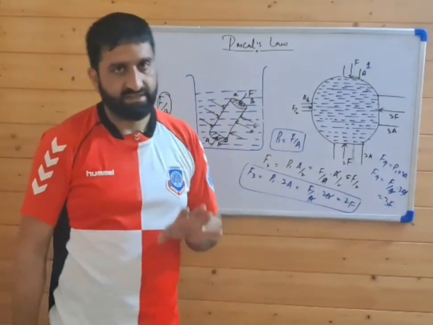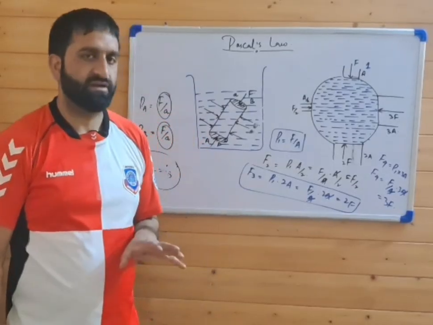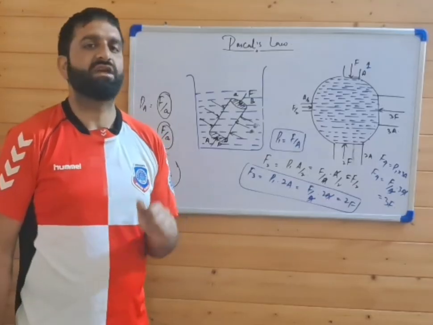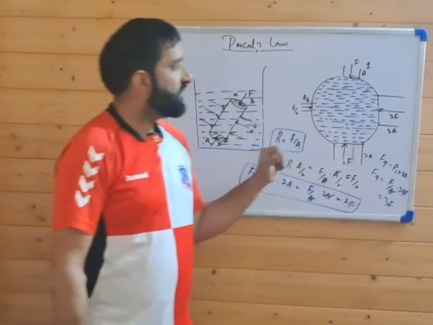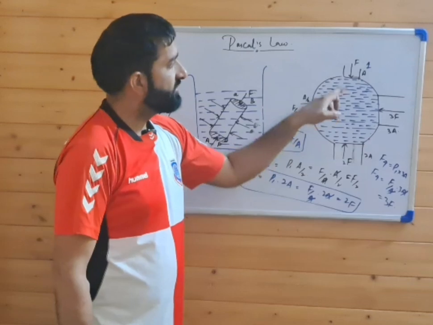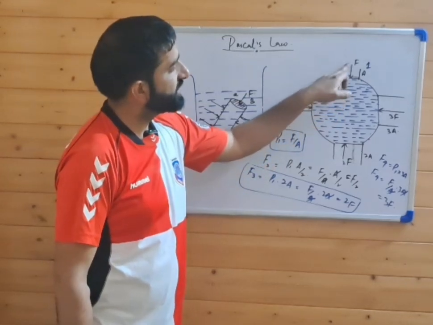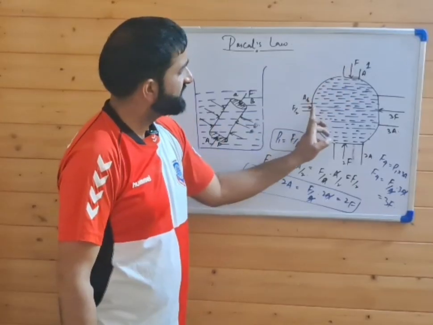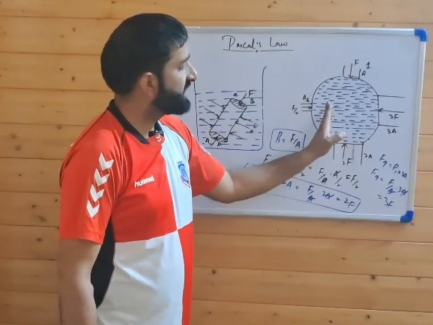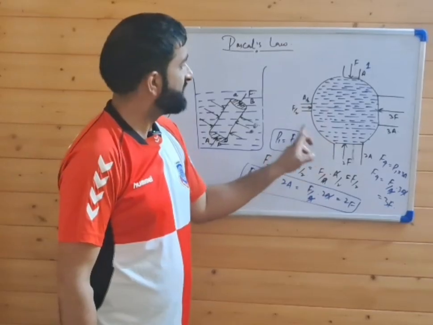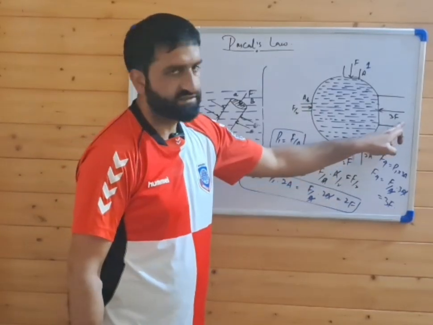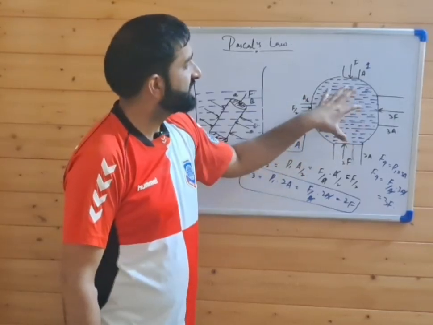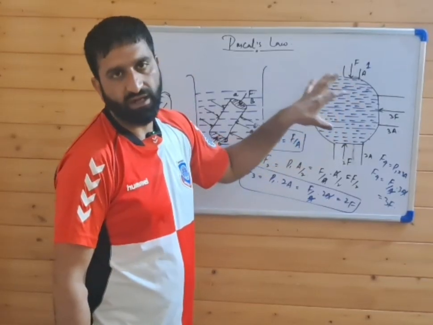So Pascal's law states that when there is a pressure difference in a fluid that is in equilibrium, or at rest, the pressure difference is equally transmitted in all directions. We calculated that when a pressure difference is created by pushing the piston downward by a force F, the other pistons get pushed outward by forces of F by 2, 2F and 3F. So we have to push them with the same forces to keep the fluid in equilibrium.